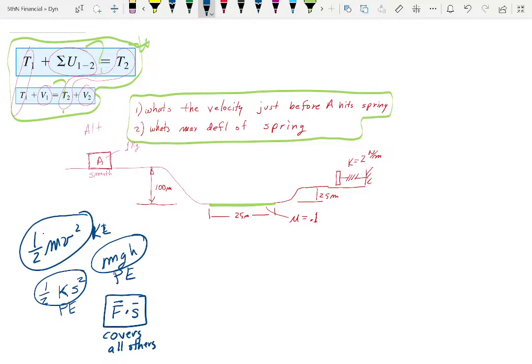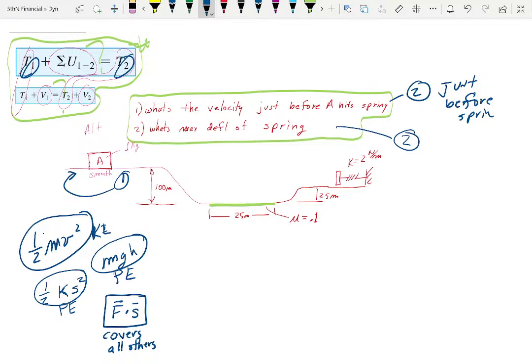So now we need to identify state 1 and state 2. State 1 sits right back here. Now, I have one state 2 here, which is just before the spring. And I've got another state here too.